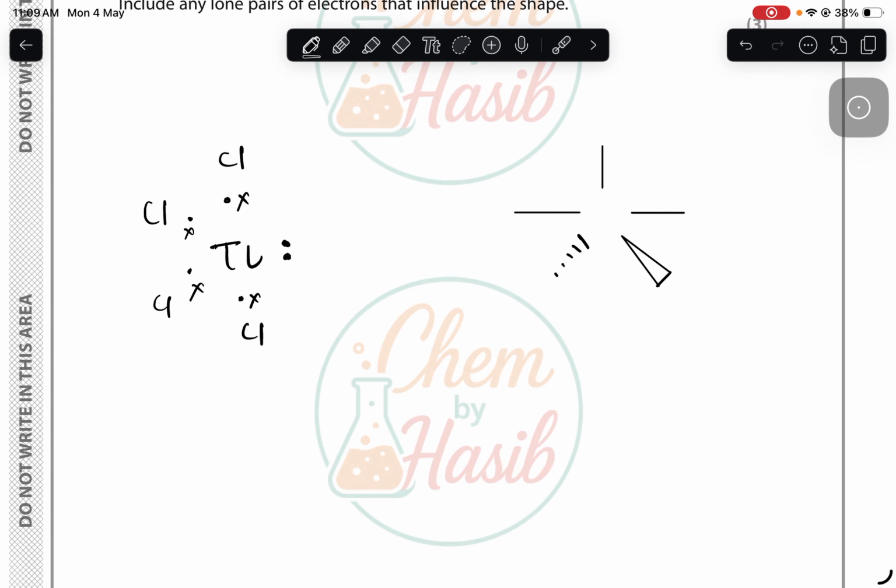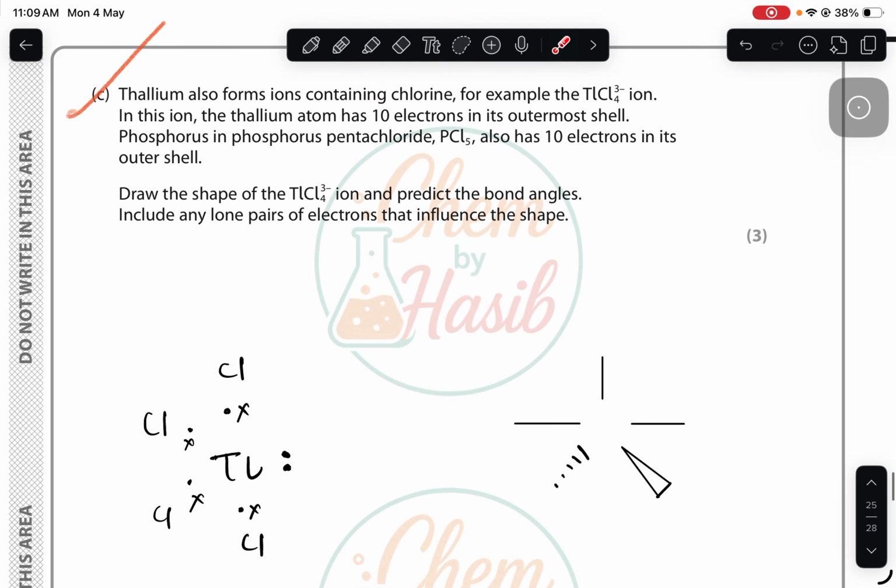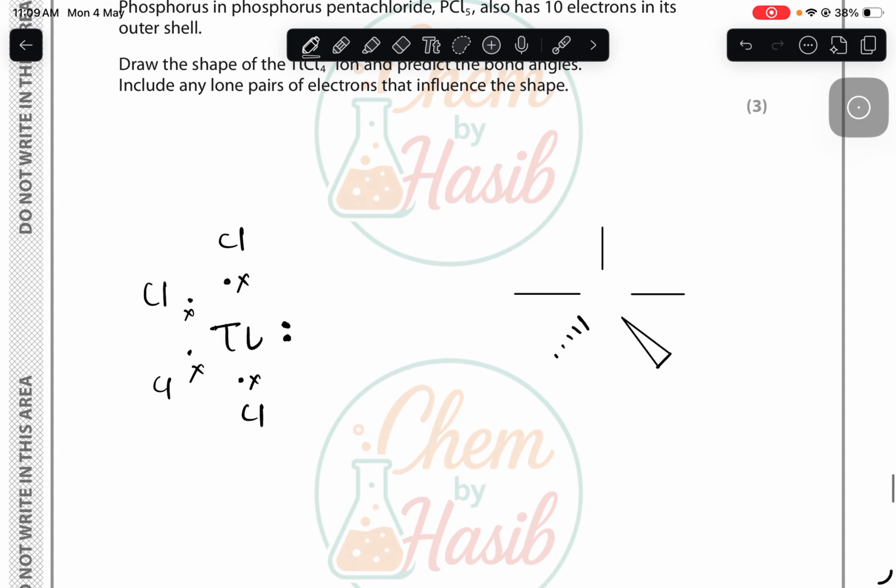Now, see, it also said that PCl5 also has 10 electrons in the outer shell. So basically, they ask you to derive the shape of this molecule from the shape of PCl5. Since PCl5 has 10 electrons, PCl5 has the shape of what? PCl5 has the shape of trigonal bipyramidal. But they didn't ask for the shape of PCl5. From the shape of PCl5, you can easily derive the shape of TlCl4 3-, right?